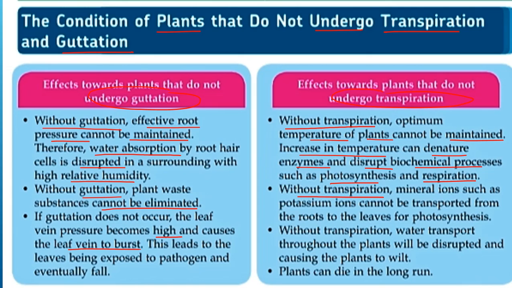So without transpiration, mineral ions such as potassium ion cannot be transported from the roots to the leaves for photosynthesis. So without transpiration, water transport throughout the plants will be disrupted and causing the plants to wilt, layu. So akhirnya tumbuhan itu akan mati.